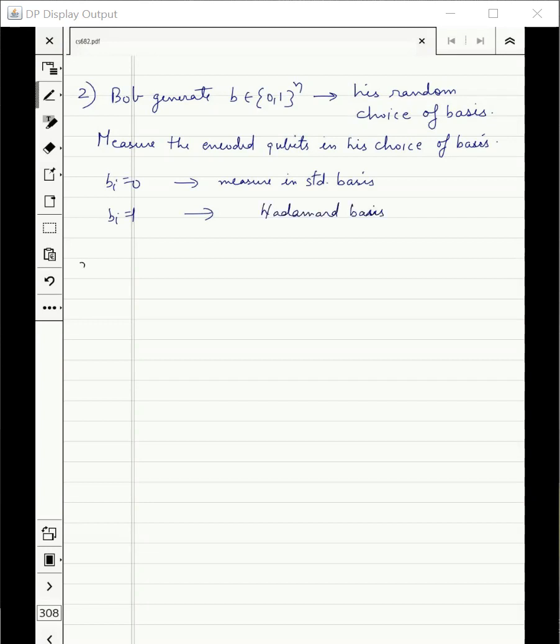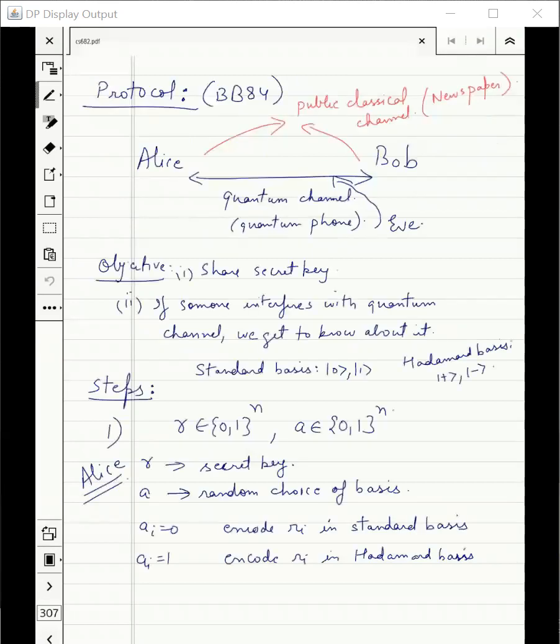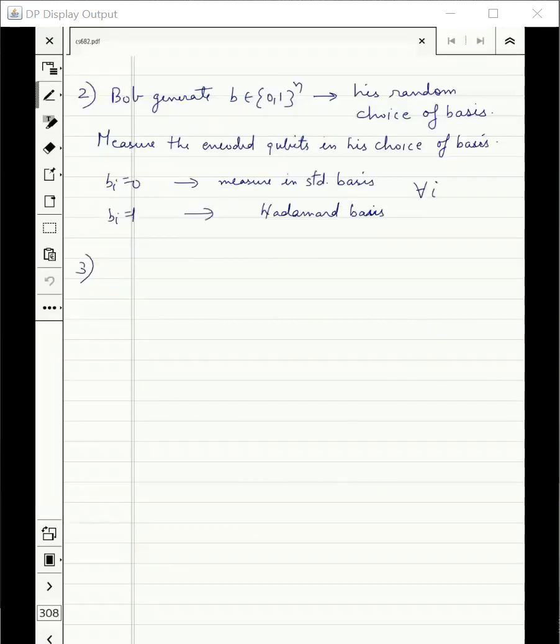Now, one question: what is Bi over here? Which index are you pointing to? This will be done for all i. Oh, okay. Similarly, Alice does this for all i. I'm sorry, I should have said this. For every i, Alice encodes Ri with Ai. And then Bob also for all i will pick a random basis.